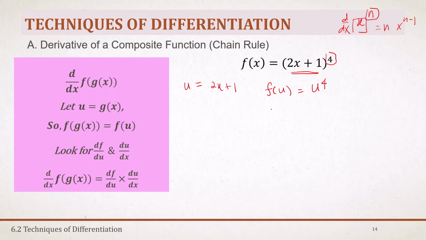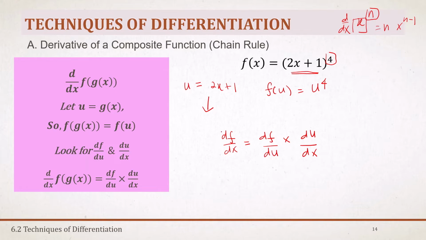Now from here, because we learn this particular df/dx, it equals df/du, because this f is now related to u, and then this u is related to x, so I have du/dx. Now if you cancel or simplify this du and this du, you have df/du.